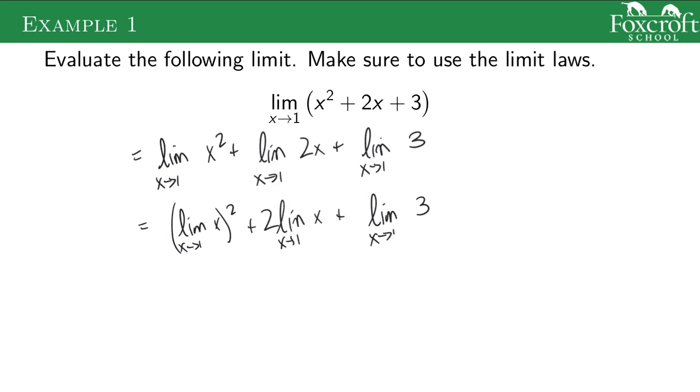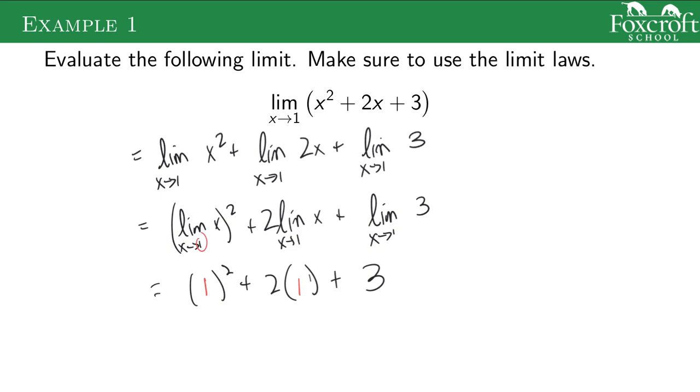We've gotten to the point where our limits are just a single x or just a constant. And now for each of these individual limits, when you take the limit of x, you just get whatever your x value is. So that's going to be 1. Again, the limit of x is 1. Plus 3.